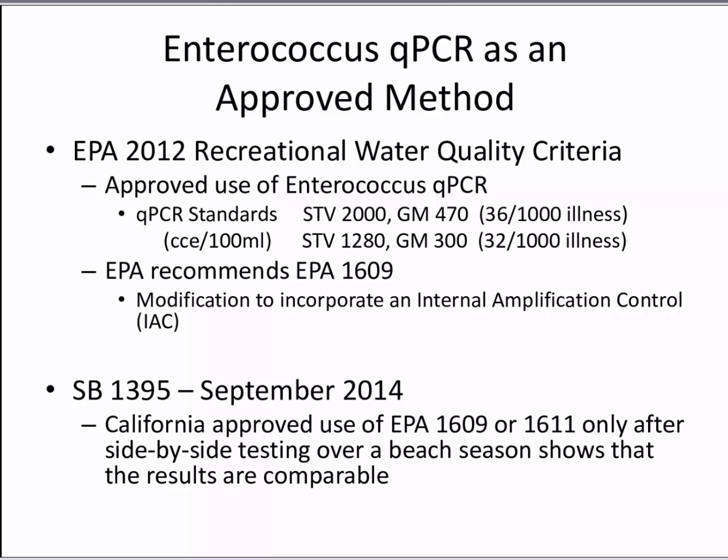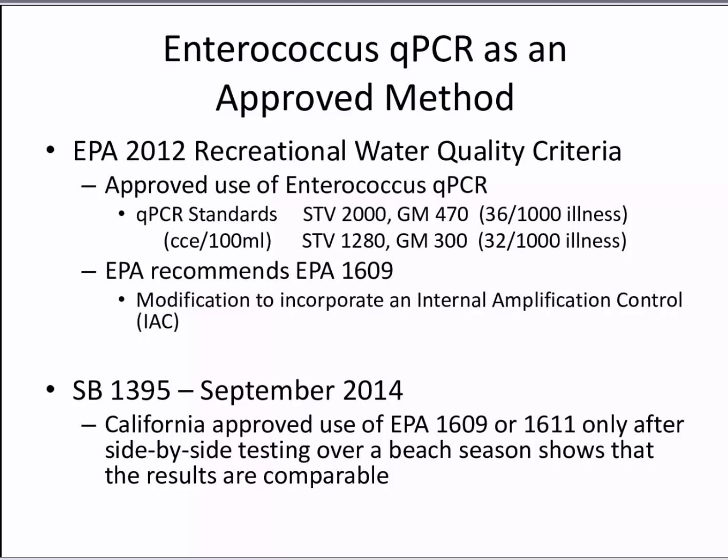Obviously, of course, you can't just have the federal approval. California also has to give its blessing in order to run these methods. And so in September 2014, Senate Bill 1395 was signed.